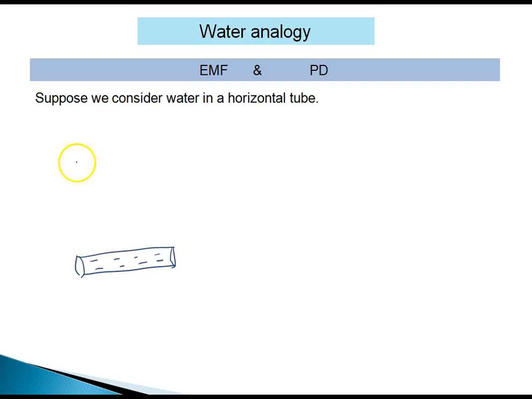Now, if you want the pressure difference, what do you do? You take a water tank which is at a certain height and connect it to this horizontal pipe like this, and there is water in the tank also. Now there is a pressure difference between this end and this end, and due to this pressure difference water will flow.